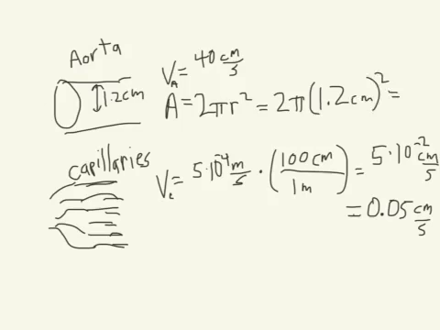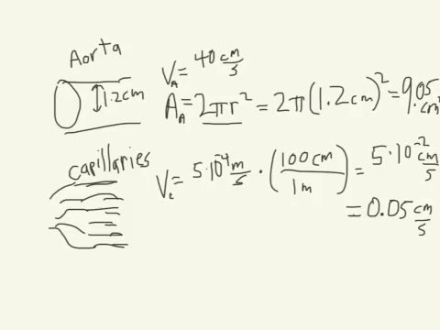And keep in mind that we can only use this equation because the aorta is circular. So we're finding the area of the circle, which is the cross-sectional area. It wouldn't work if you had square arteries. But anyway, we get 9.05 centimeters squared as the area of the aorta. And as our variable, let's call that A aorta.